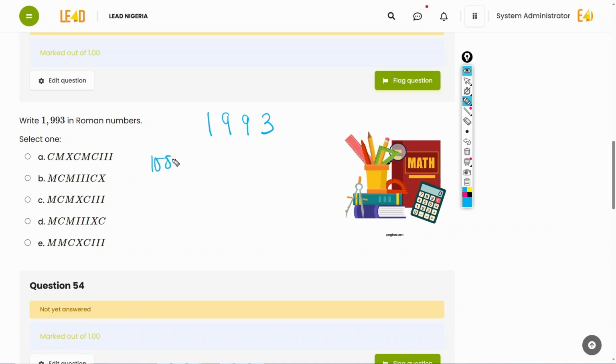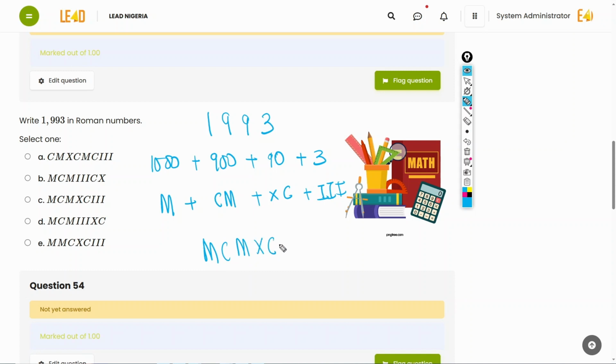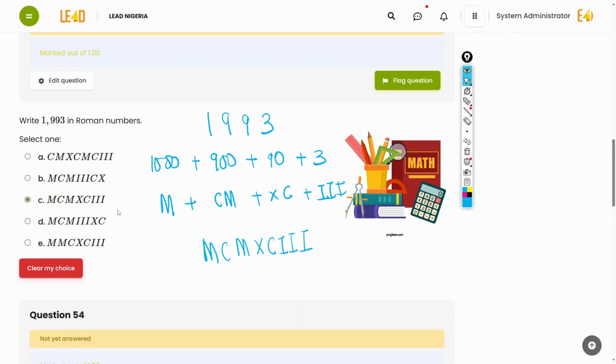We have 1000 plus 900 plus 90 plus 3. 1000 is M. 900 is CM. 90 is XC. 3 is I. So we expect to see MCMXCI. That's C, I believe.